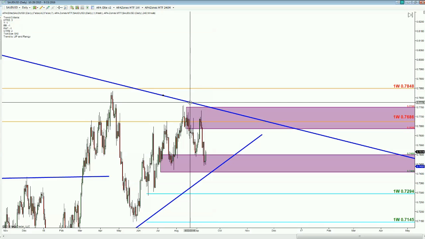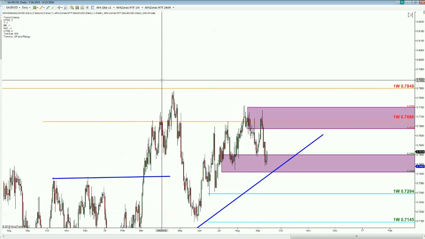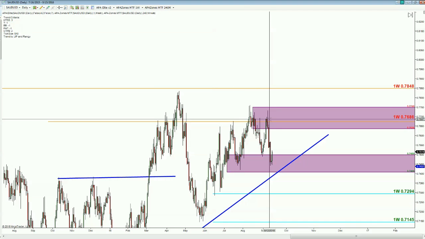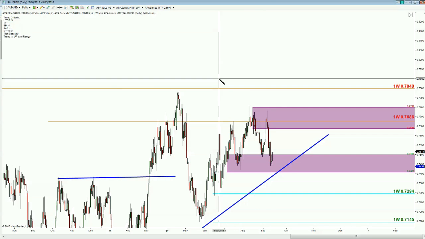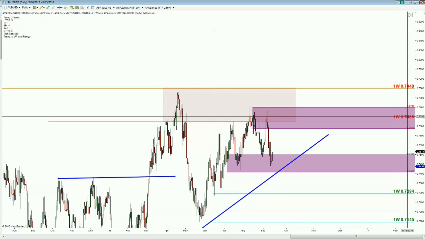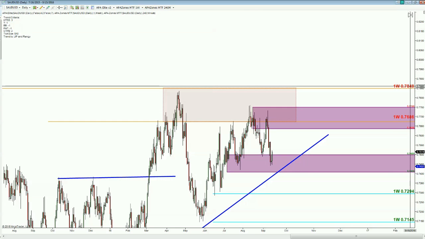Let's redraw that real quickly, and you can really see how price bounced off of that trend line, and we're also inside of this weekly supply up here from 76.86 up to 78.48.